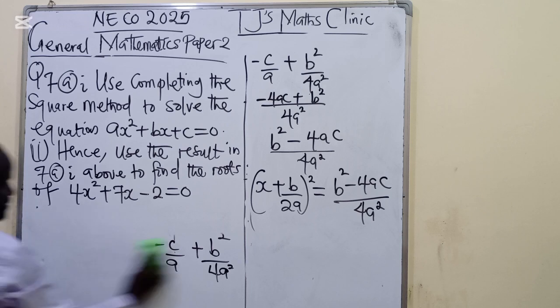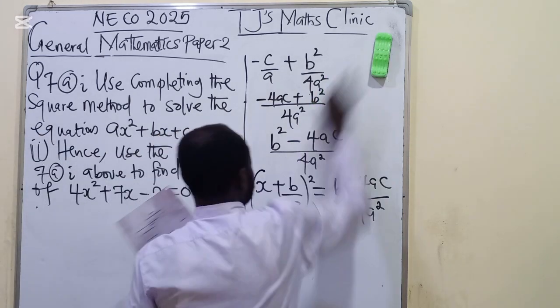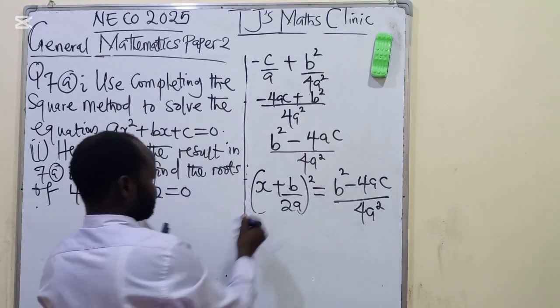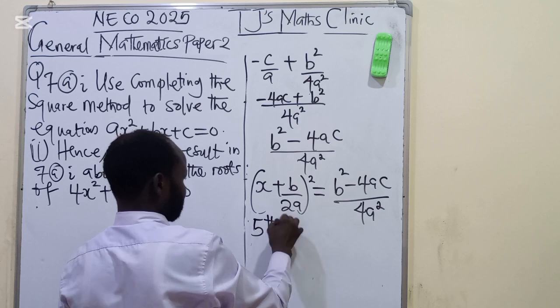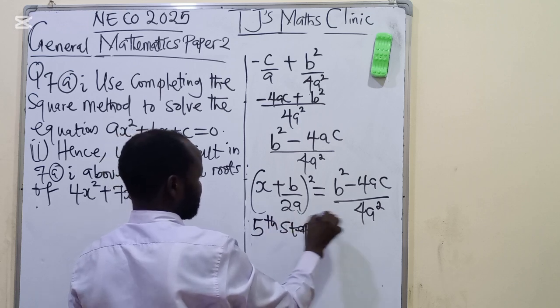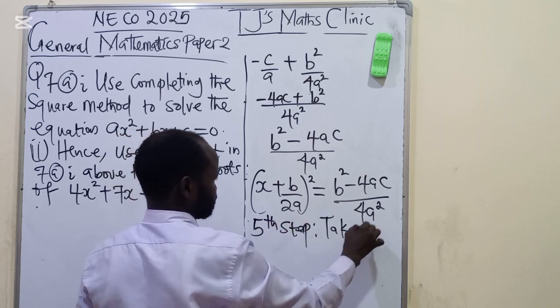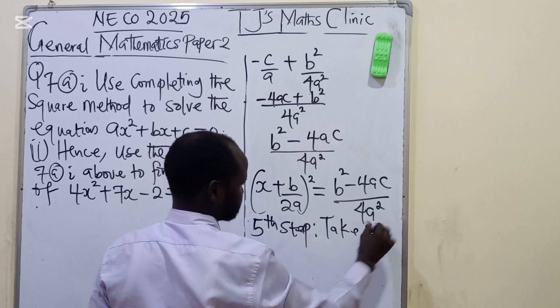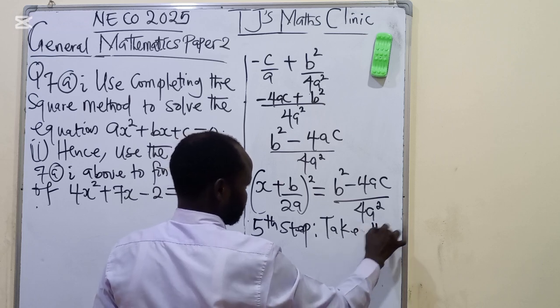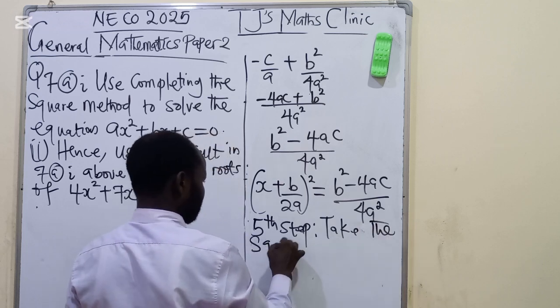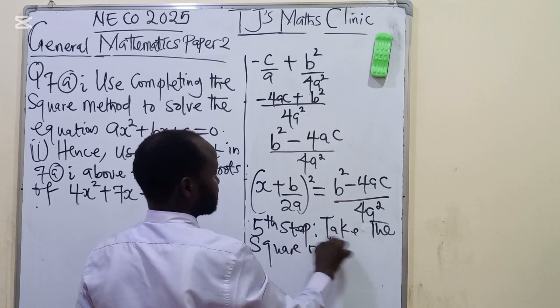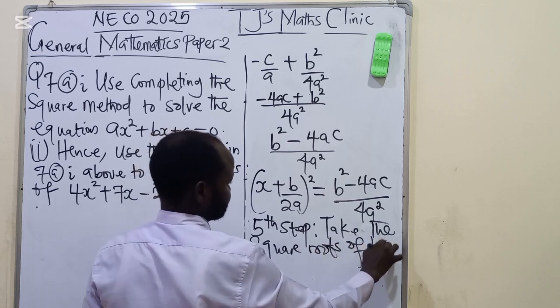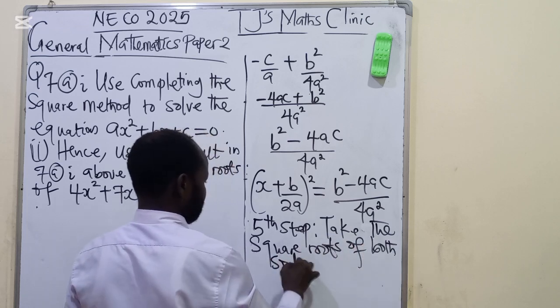Permit me to clean this, and step 5 now. In step 5, we take the square roots of both sides. Very important.